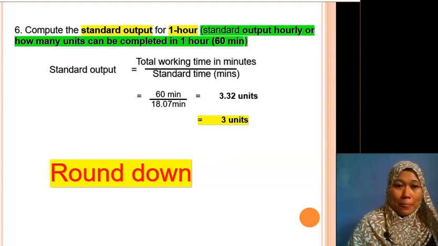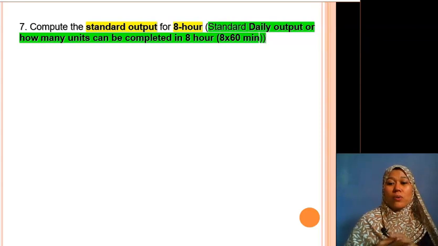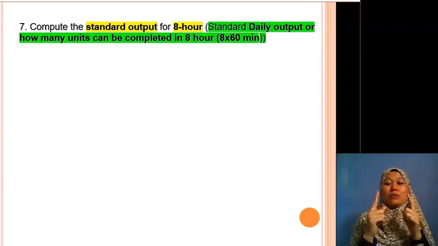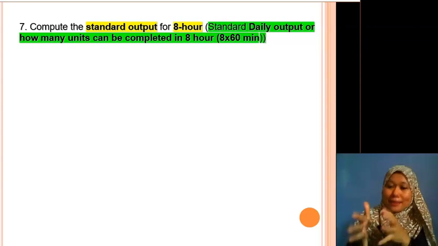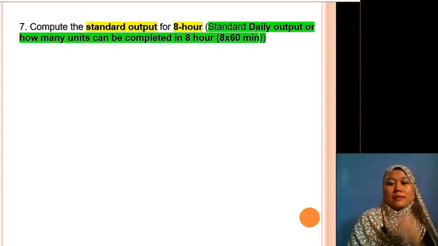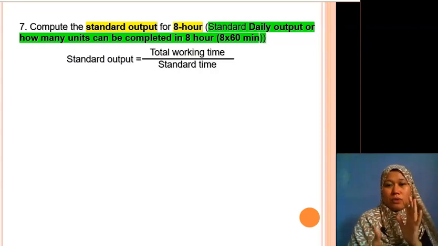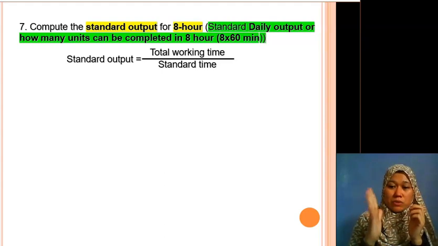Okay, what if they ask about the standard output for 1 day? Let's say in 1 day the company works for 8 hours. So after 8 hours, how many sets have been completed? That's what they want from you. Again, we know the time they work, 8 hours. We need to convert into minutes because our standard time is in minutes, 18.07.